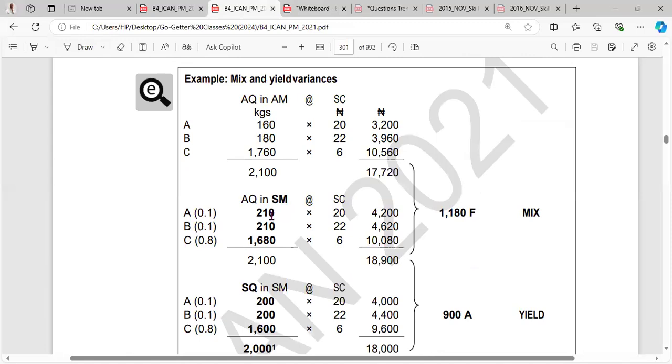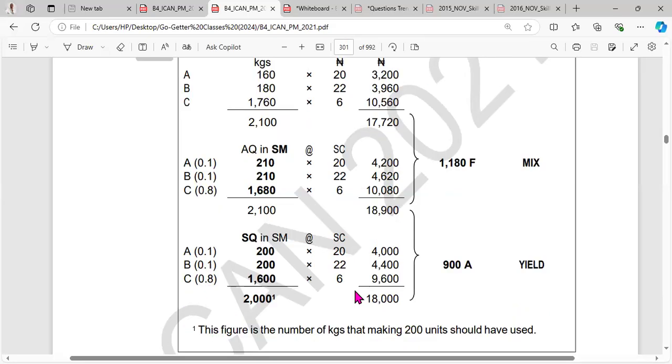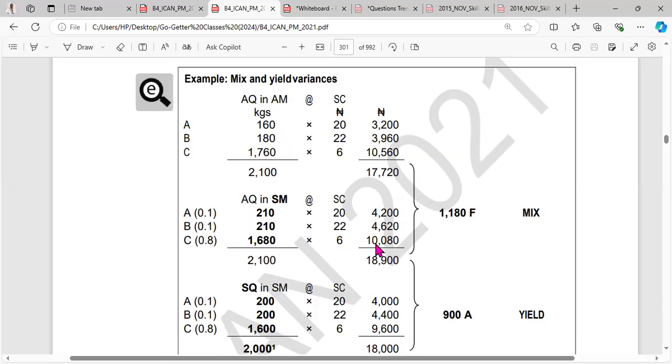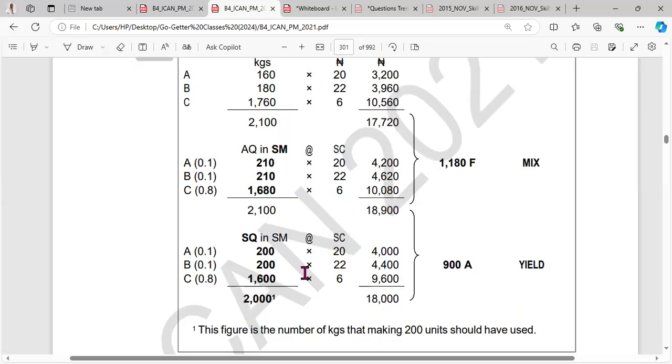Actual quantity in standard mix, mix variance. Standard quantity in standard mix. Okay, so we can rewrite this formula again.